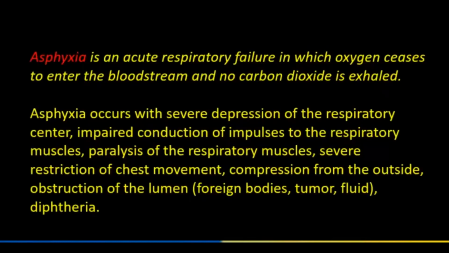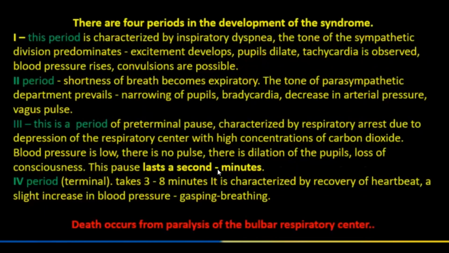Asphyxia is an acute respiratory failure in which oxygen fails to enter the bloodstream and no carbon dioxide is exhaled. There are 4 periods in the development of the syndrome. The first period is characterized by inspiratory dyspnea.